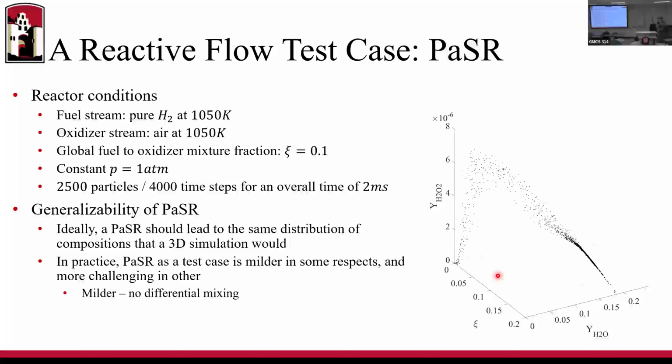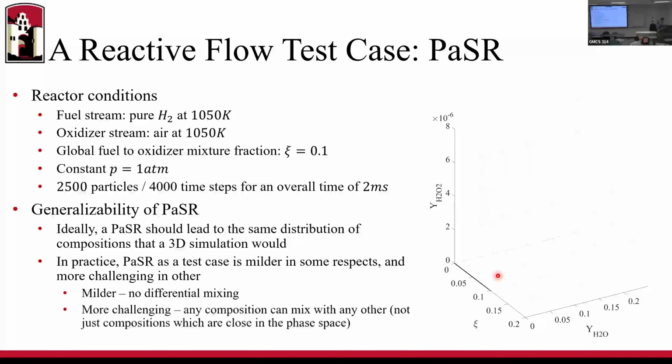It's going to be milder because there is no differential mixing, at least the way I've defined it here. So two particles, each of their species are going to mix at the same rate. So we are not, for example, replicating something like hydrogen diffusing more quickly in hydrogen combustion.